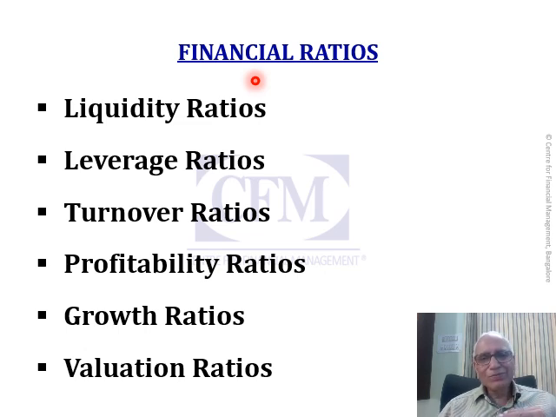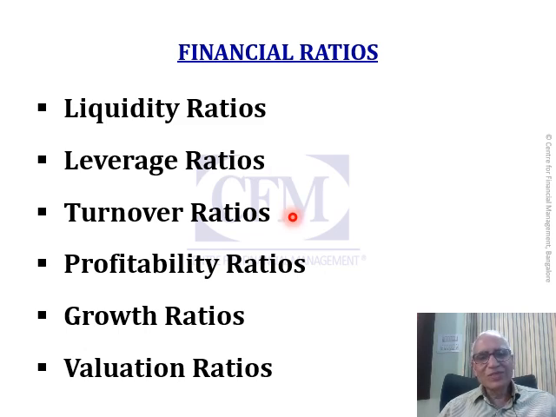Financial ratios are broadly classified into 6 categories: liquidity ratios, leverage ratios, turnover ratios, profitability ratios, growth ratios, and valuation ratios. Liquidity ratios reflect the short-term solvency of the firm. Leverage ratios measure the medium-term solvency of the firm.